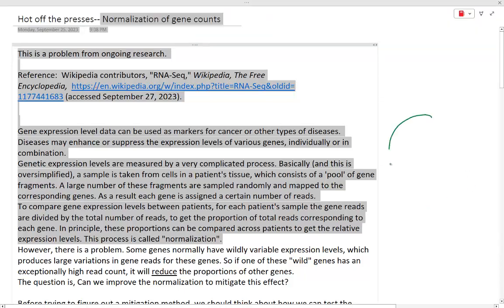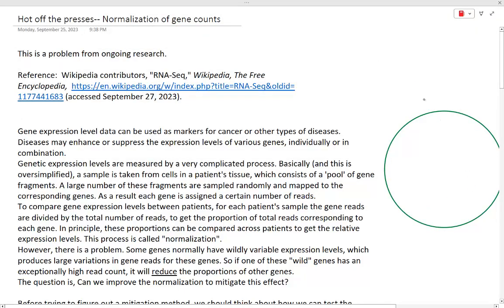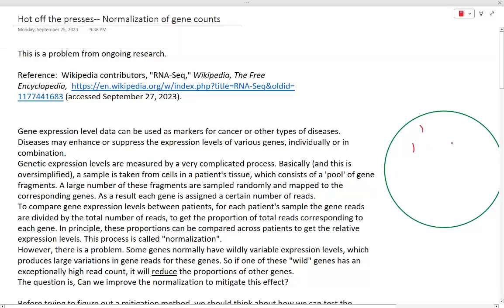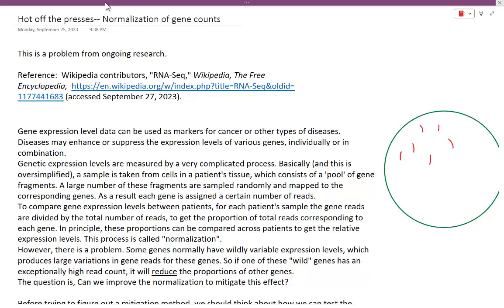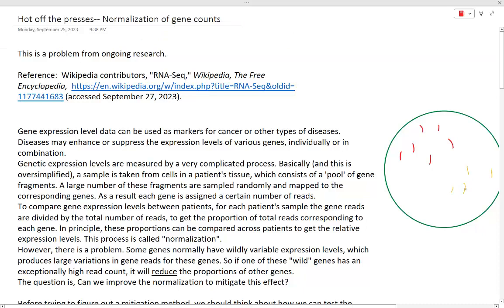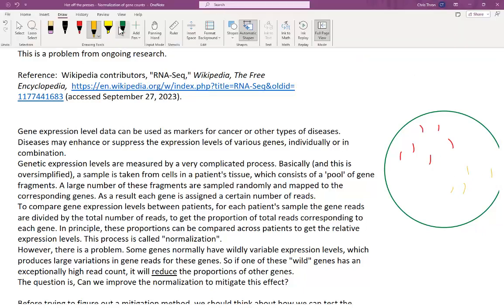So here's my sample. And then inside that sample, I'm going to have different gene fragments. So suppose we have a certain number of red fragments, and these fragments are all from a particular gene. Then these fragments might be from another gene. And then these fragments might be from another gene.